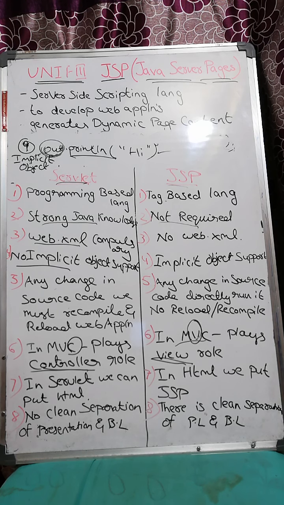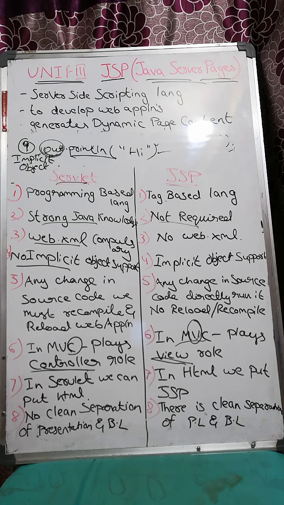Next, the seventh difference is that in servlet we can put HTML, and coming to JSP, in HTML we put JSP. Now the eighth difference is that as we can put HTML or code in the servlet, there is no clean separation between the presentation logic and the business logic. But coming to our JSP program, we have a clean separation.